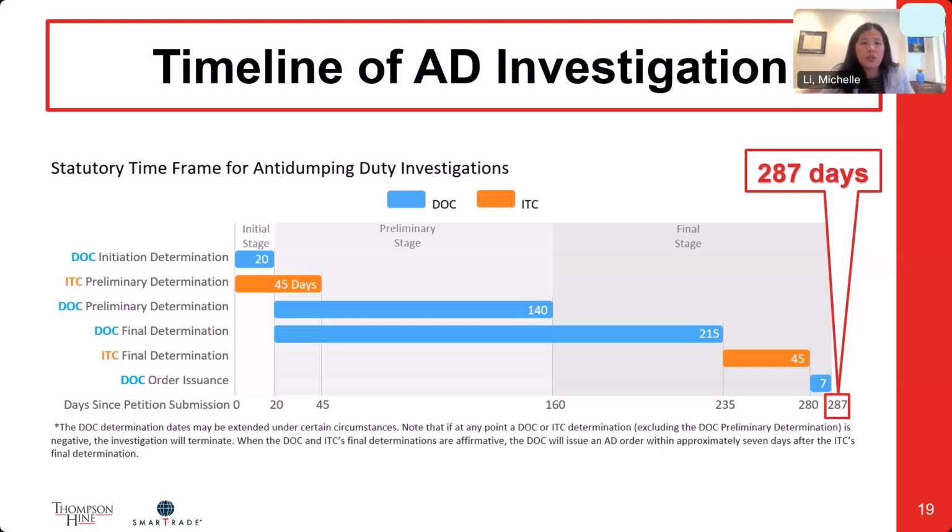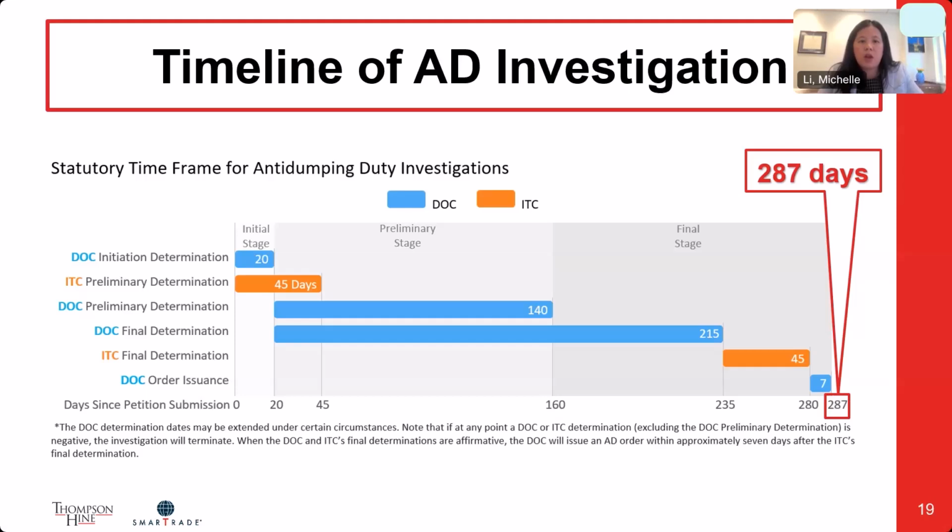If either agency turns in a negative determination, the investigation terminates. The other agency will only come in to do its job after the first agency makes an affirmative determination. So it's kind of a two-party dancing game here.